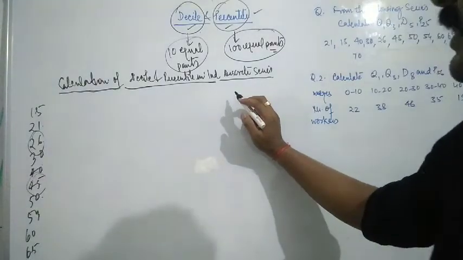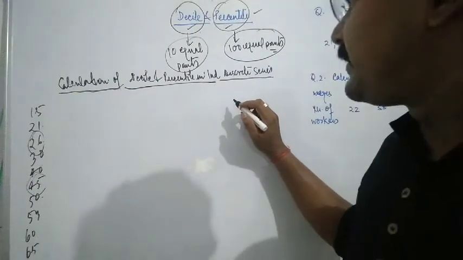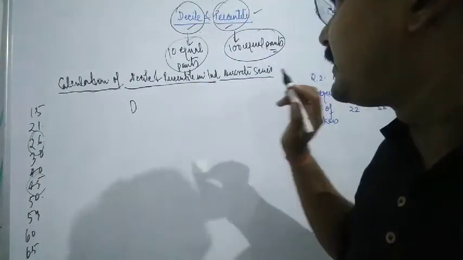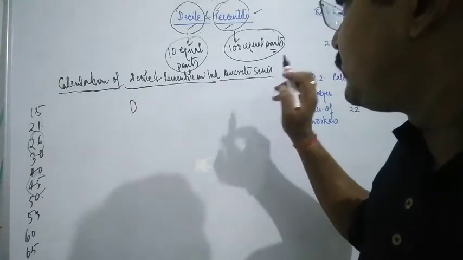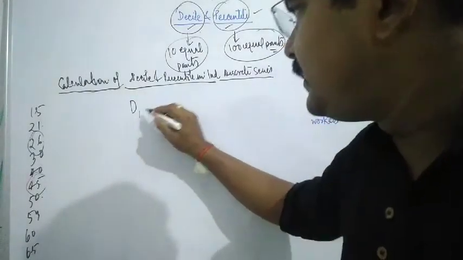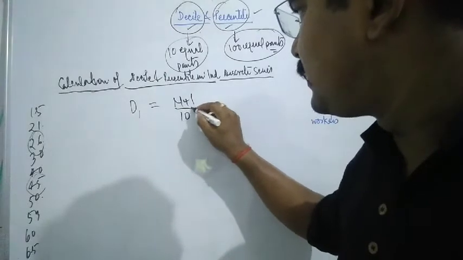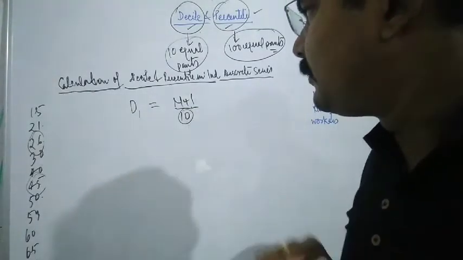Now come to the formula part for calculating decile and percentile in individual series and discrete series. For D1, the formula would be (n+1)/10, because decile divides the whole series into 10 equal parts.